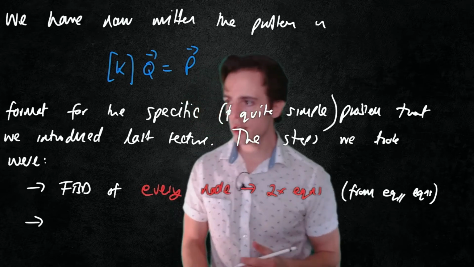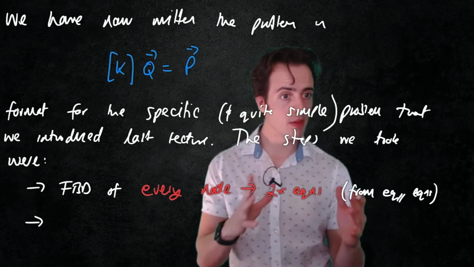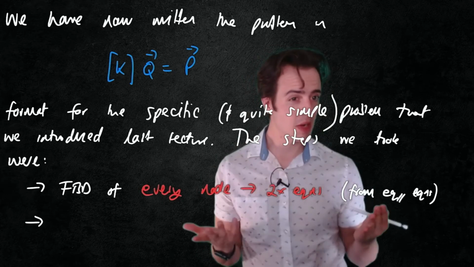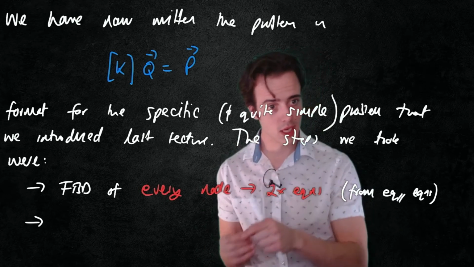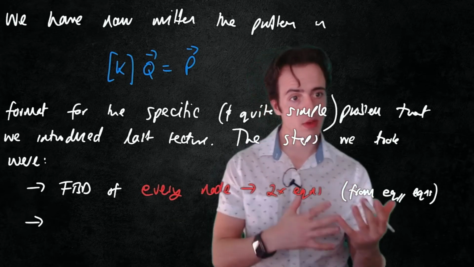We then did the substitution, knowing that each element has two displacements, one at each end. We then related those displacements back through to global ones.